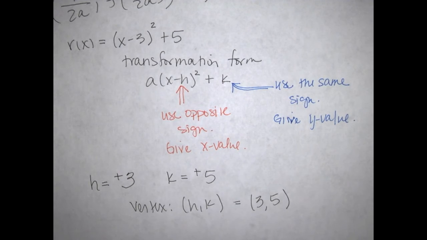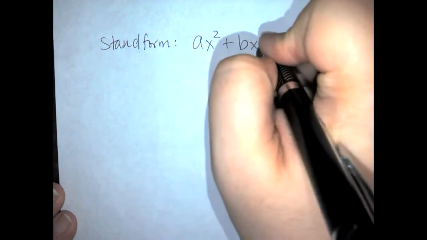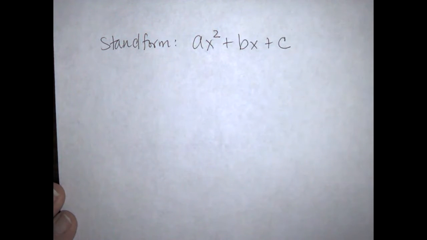Now, what happens if we're not given transformation form? Okay, so what happens if we're given standard form? Well, again, that is where your vertex formula comes into play. So remember, standard form is going to be ax squared plus bx plus c.